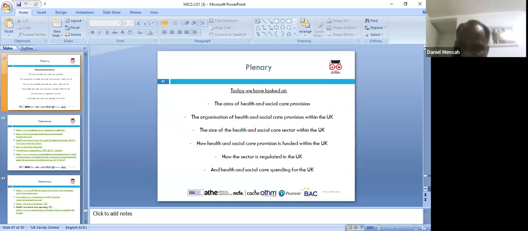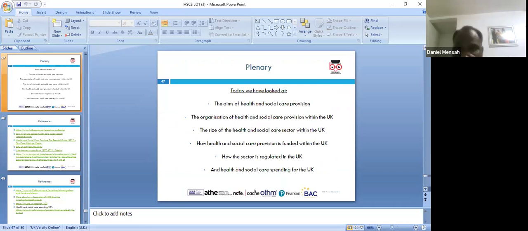So what we have looked into in today's lecture is the aims of health and social care provision. We've also looked into the organization of health and social care provision within the UK, the size of the health and social care sector, and how the provision is funded.